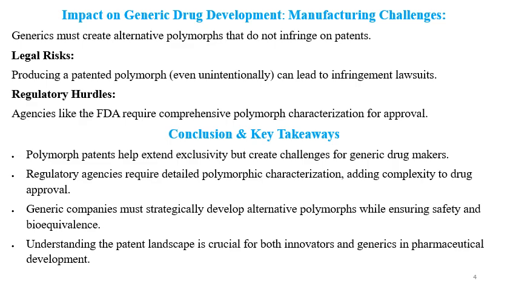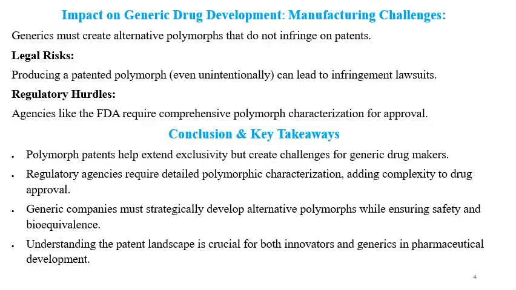Many of the times, the generic applicant fails to demonstrate the bioequivalence or may fail to demonstrate the stability. Understanding the patent landscape is crucial for both innovators and the generics in pharmaceutical development. Many of the times, it is observed that using a different polymorph doesn't demonstrate the bioequivalence or the stability or the shelf life.